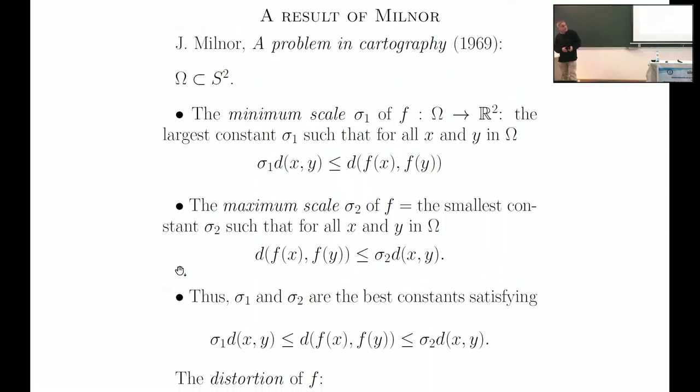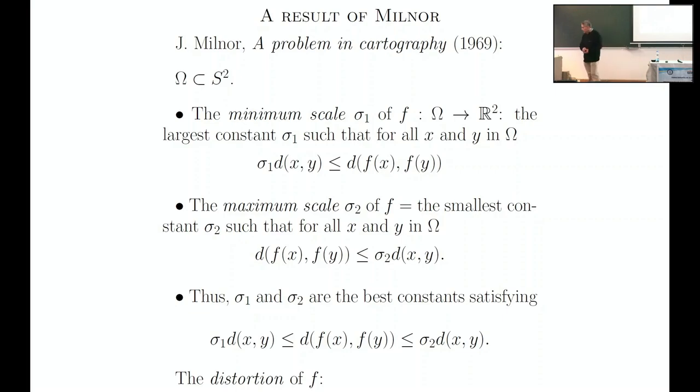And so here, we take sigma 1 and sigma 2 as the best constants satisfying this. That is, sigma 2 is the smallest constant satisfying this inequality, and sigma 1 is the biggest constant satisfying this inequality.